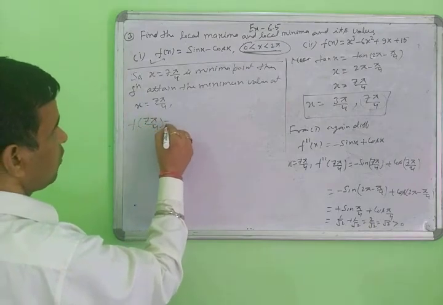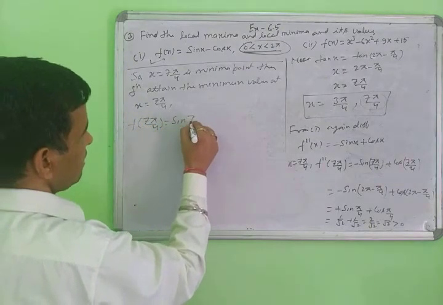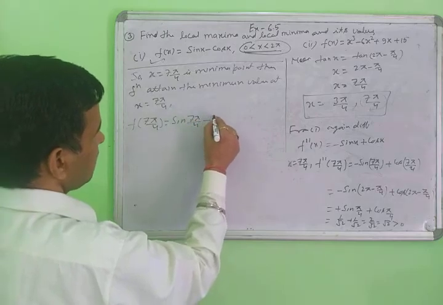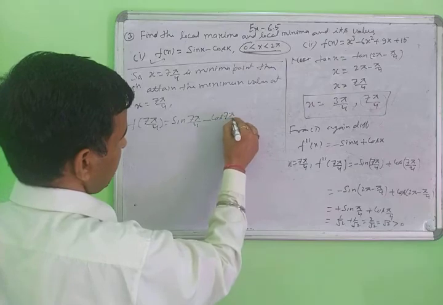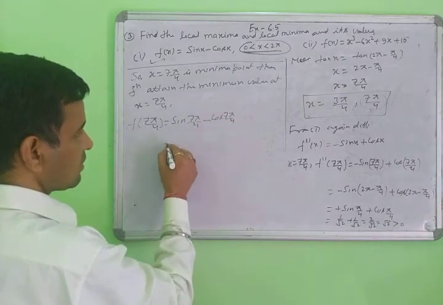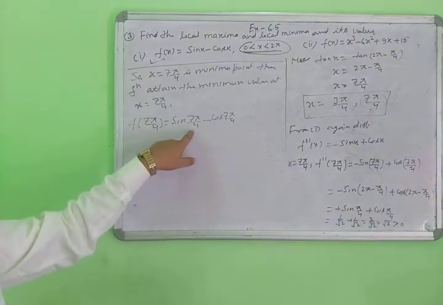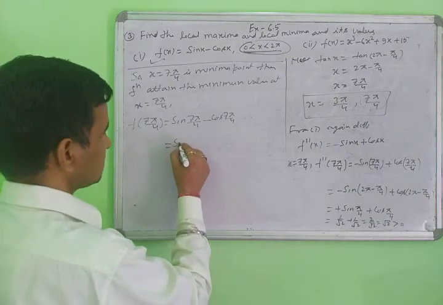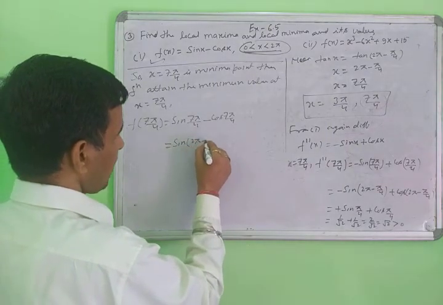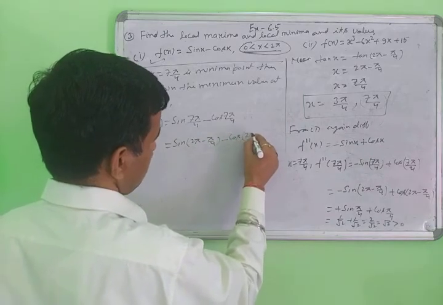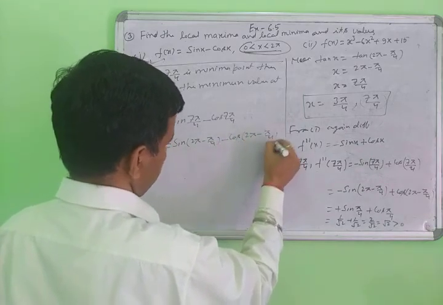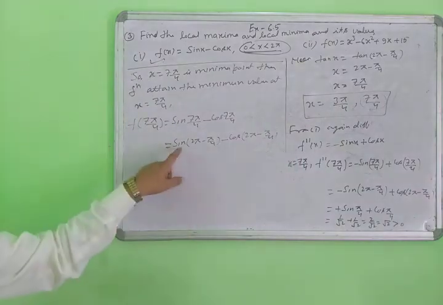Putting the value again, same here, f(7π/4) equals sin 7π/4 minus cos 7π/4. Again break it down, 2π minus π/4: sin(2π − π/4) minus cos(2π − π/4).